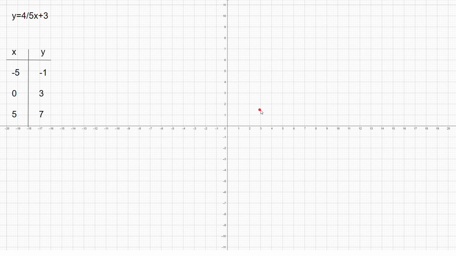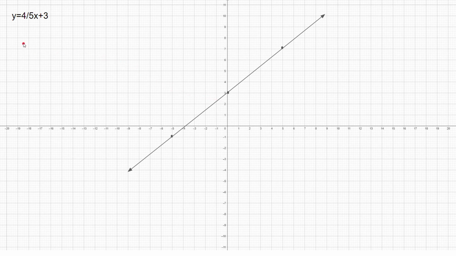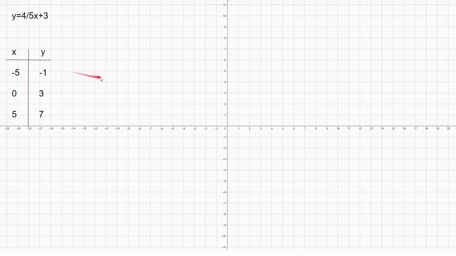But anyways, let's see that the equation we got is correct by drawing this line again using our old method. So we see that if x is -5, then y would be -4 plus 3, that is -1.